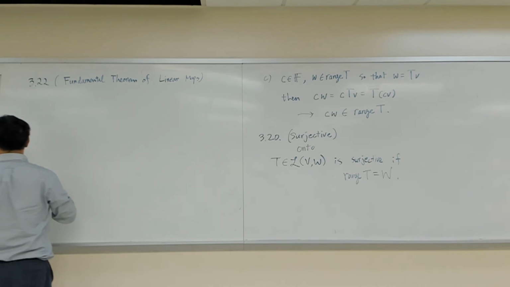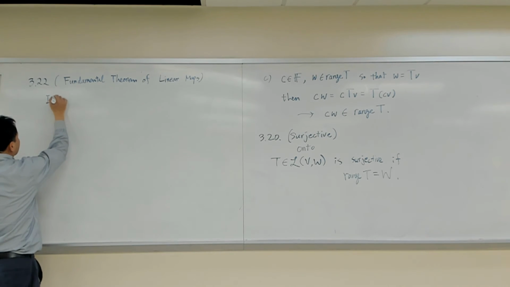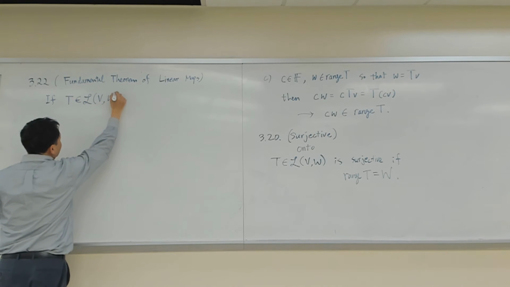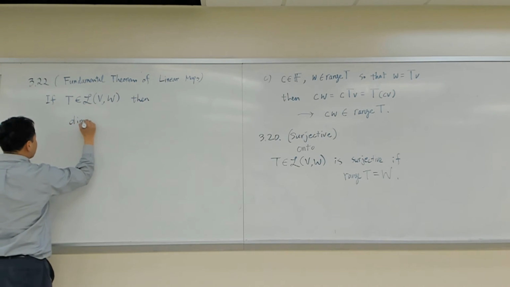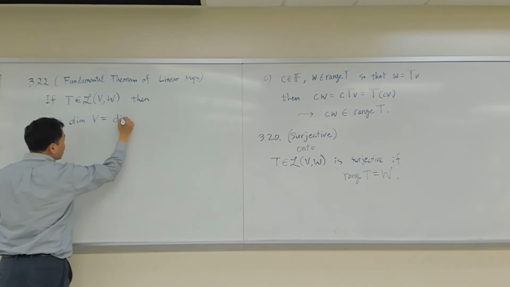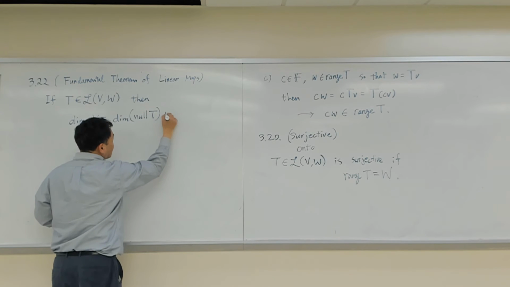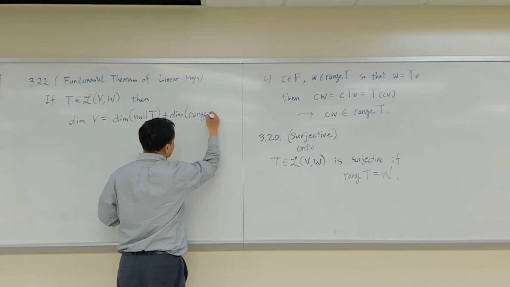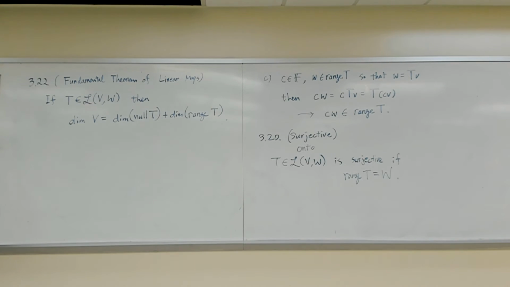And the formula is that if T is a linear map from V to W, then dimension of V is the same as the dimension of the null space of T plus dimension of the range of T. Do you remember seeing this in the previous linear algebra course?